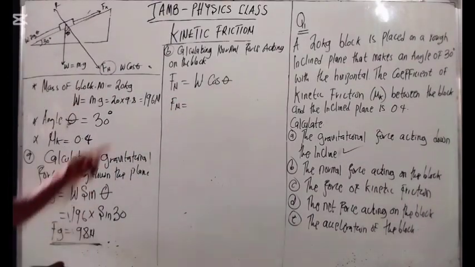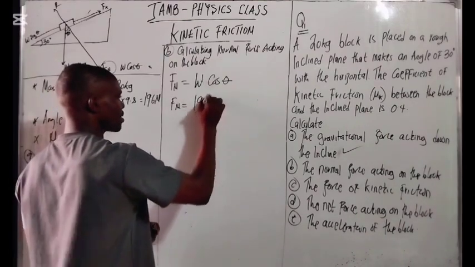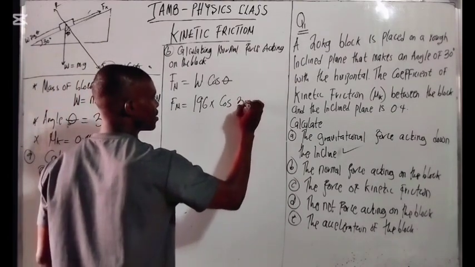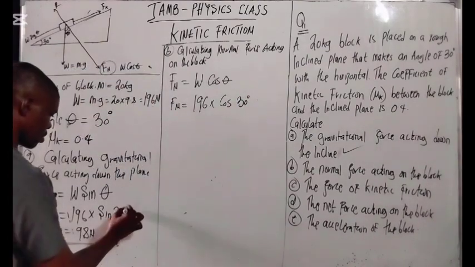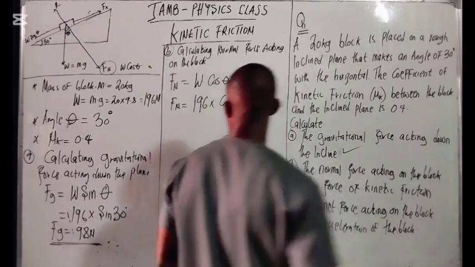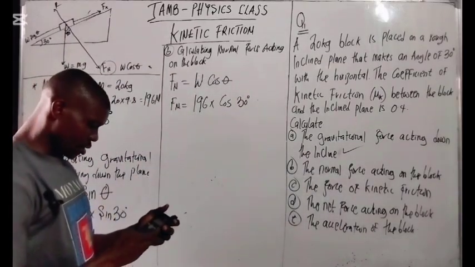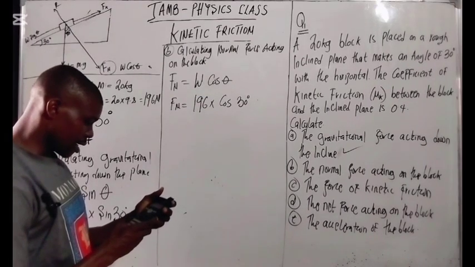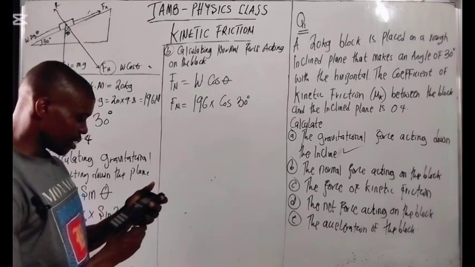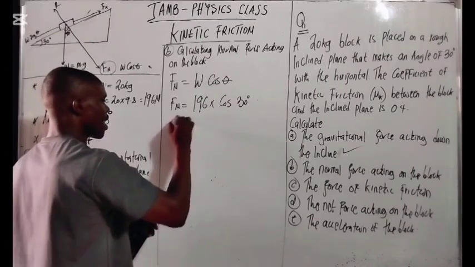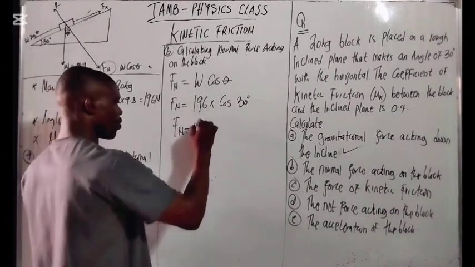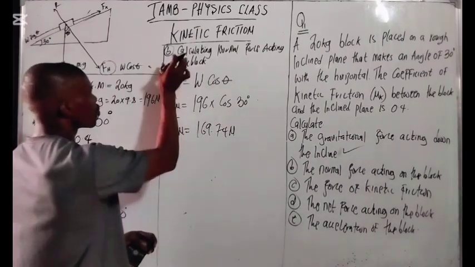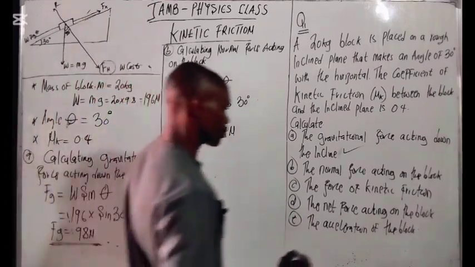My W is 196 times cos 30 degrees, which gives 169.74. So Fn equals 169.74 Newton. So we are done with A, we are done with B.